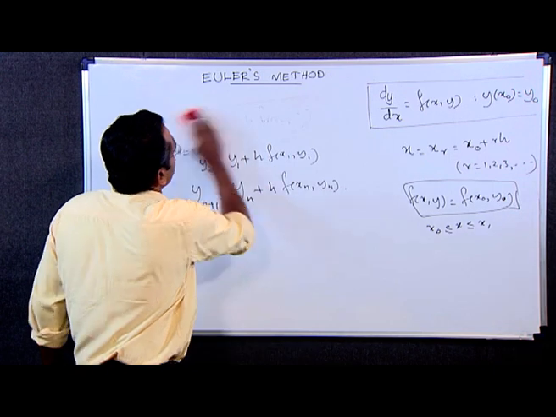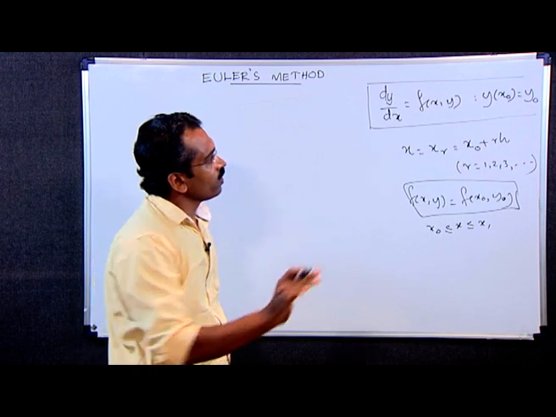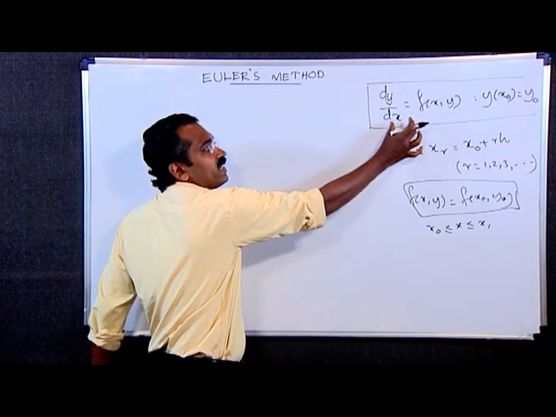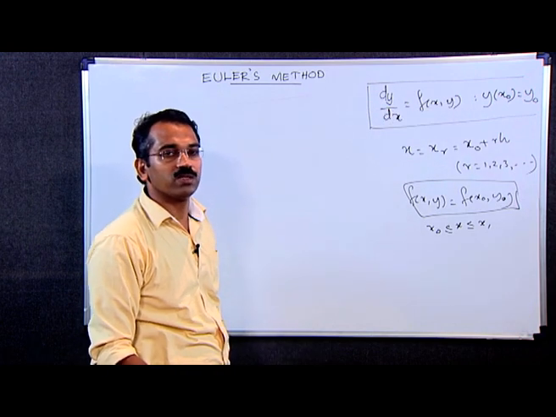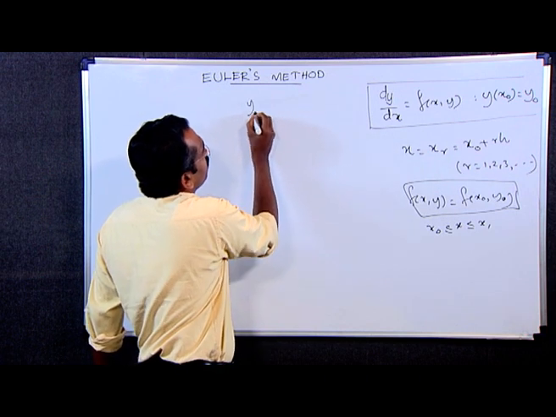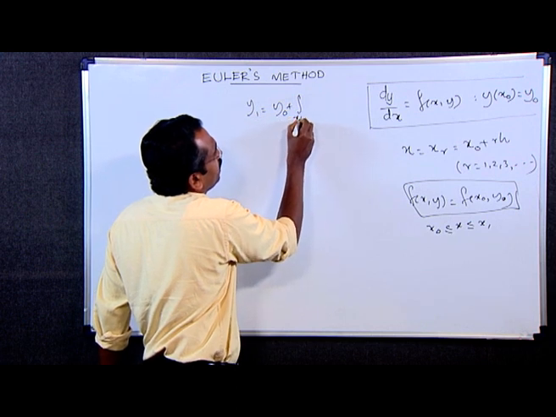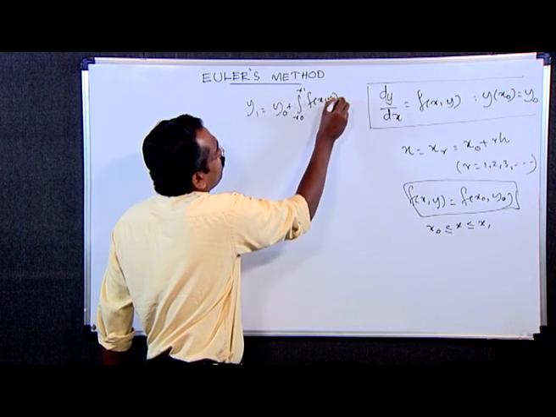As in Euler's method, we integrate this differential equation between the limits x naught and x1, then we obtain y1 as y naught plus integral from x naught to x1 f of x comma y dx.